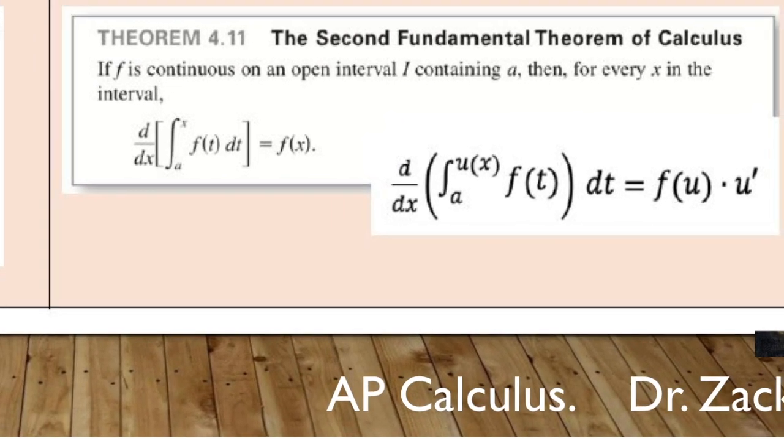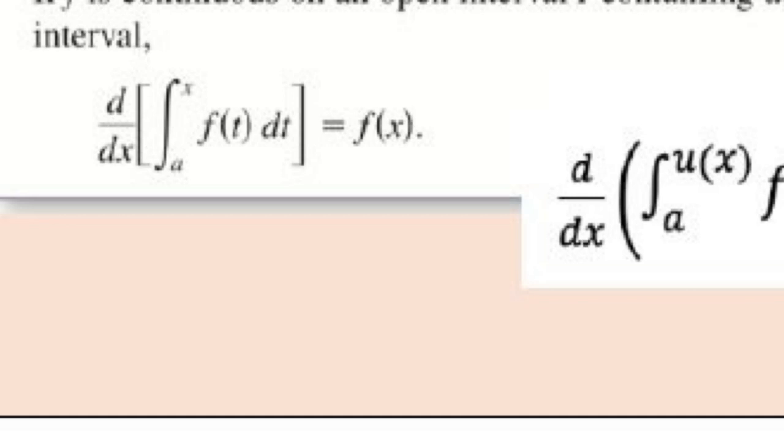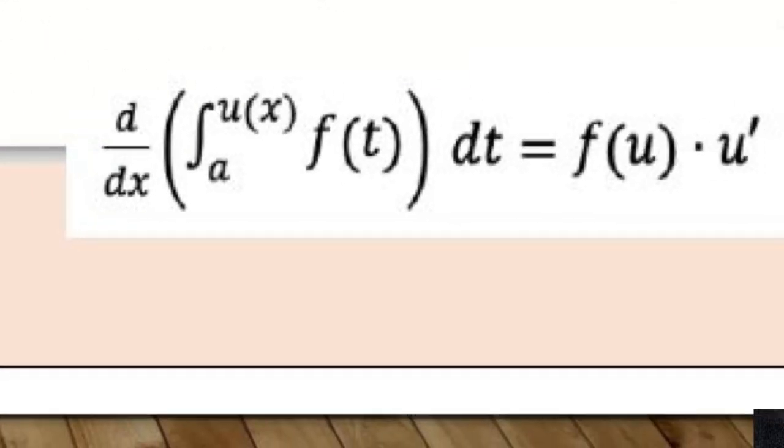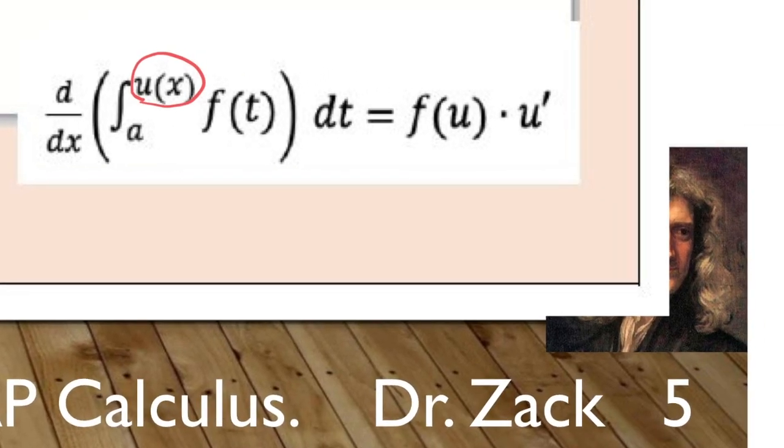If we're finding the derivative of an antiderivative from some number to x, then the answer is f of x. If you're finding the derivative of the antiderivative and your upper endpoint is some function with respect to x, then we're going to take the function substituted with that u multiplied by u prime.